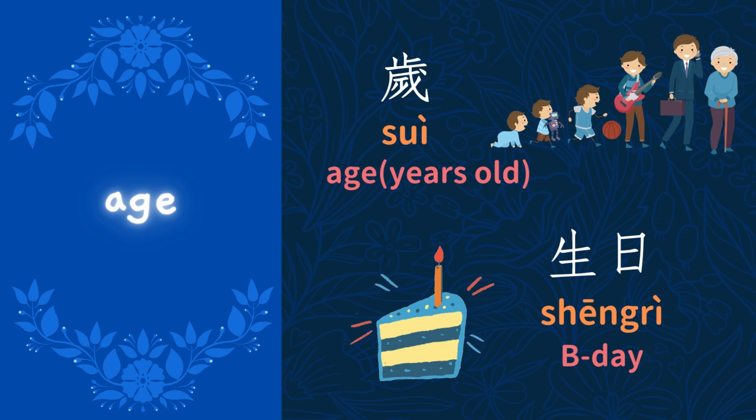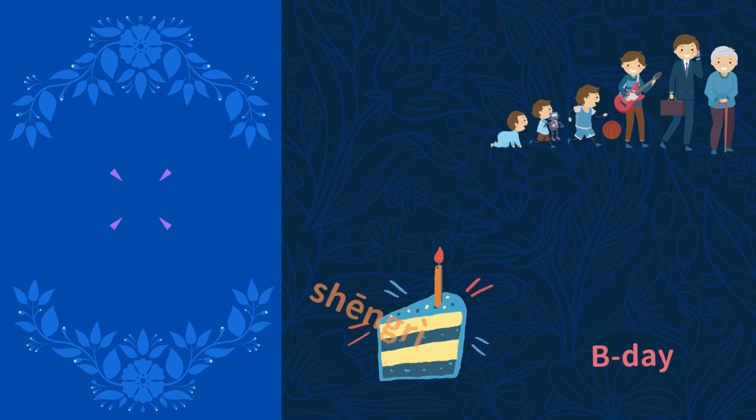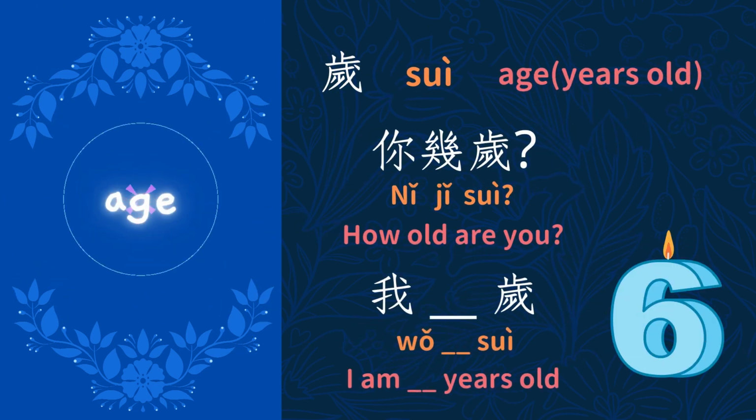生日. Okay, we're back to age. The sentence here is to ask and respond about age. How old are you? 你几岁? To respond, 我 something 岁. Put the number in between.